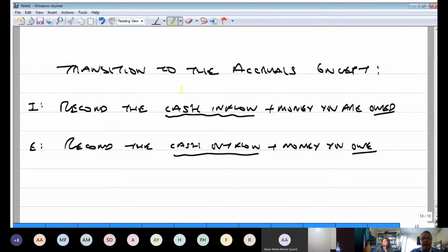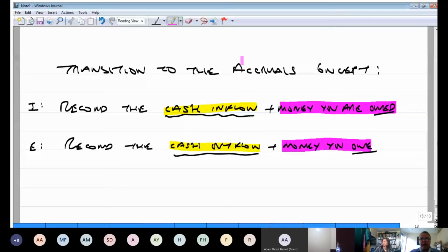You are still accounting for the cash, as we know, but in addition to that, you're also bringing in and including money that you are owed. And that's what the accruals concept is about. It basically says that if you do it this way, you're showing a better picture than just cash alone. Because ultimately, in any business, any organization, public sector or private sector, there will always be an element of money that you owe and always be an element of money that you're owed.